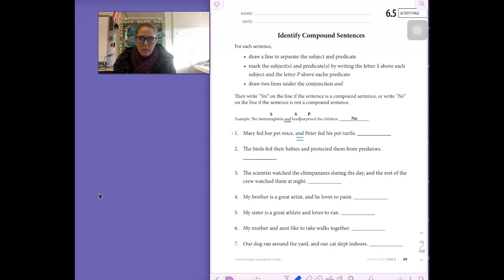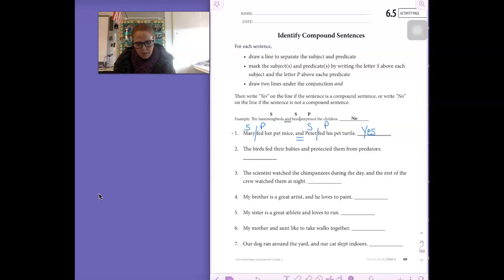So now we're going to look at the front and say we're going to split it here because Mary is the subject, fed her pet mice is the predicate. Over here, since we have and joining two separate ideas, Peter is the subject, fed his pet turtle is the predicate. And this sentence, we're going to write yes on the line because it is two separate sentences joined together.